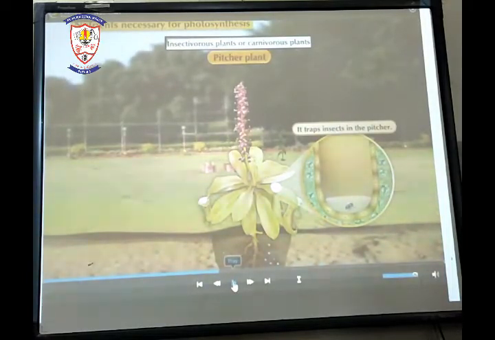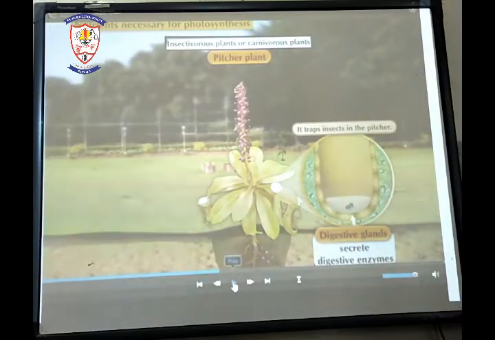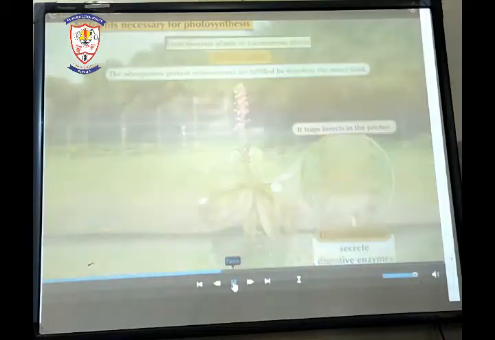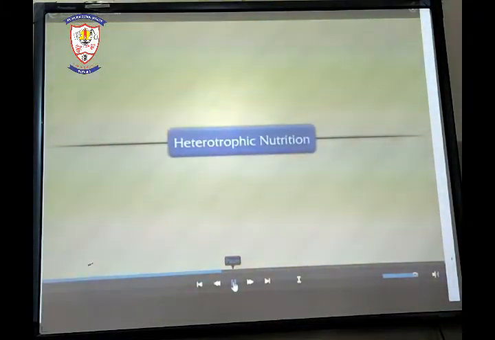The walls of this pitcher secrete digestive glands, you may say digestive enzymes, and digest the insect. So the nitrogenous protein requirements are fulfilled by digesting the insect food. This type of plant gets nitrogen with the help of this.